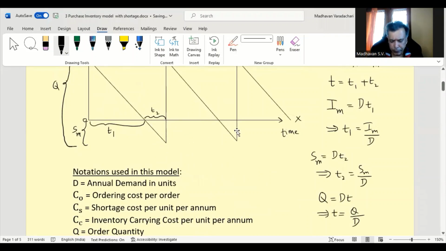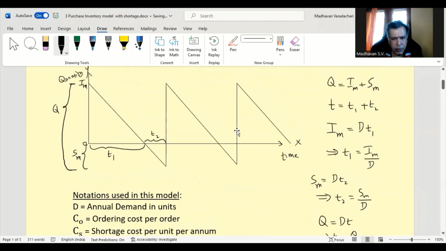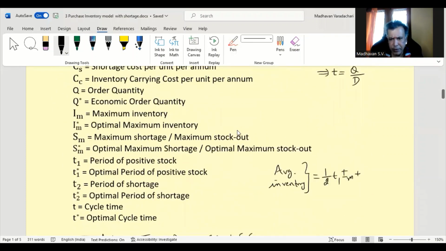So we will say half times T2 into 0, whole thing divided by the total time, that is T1 plus T2.